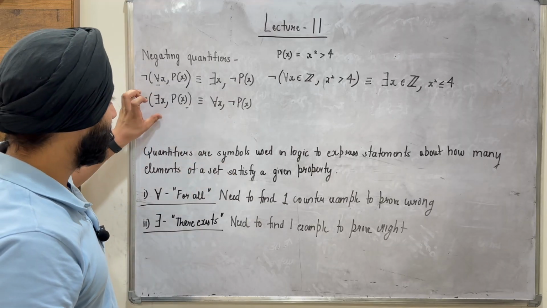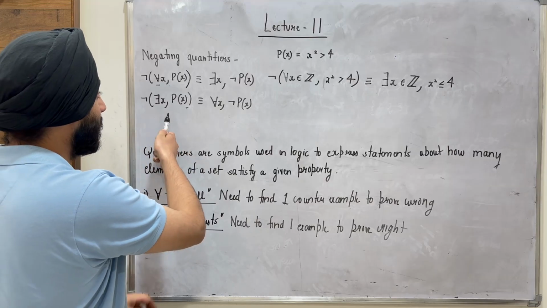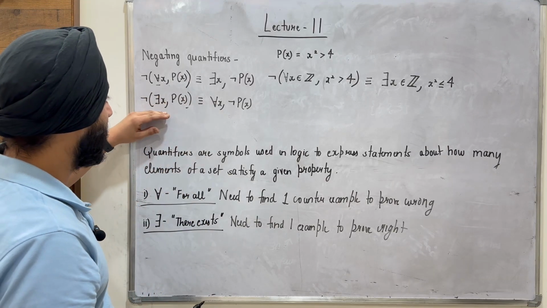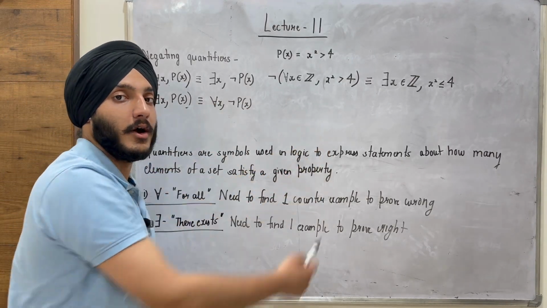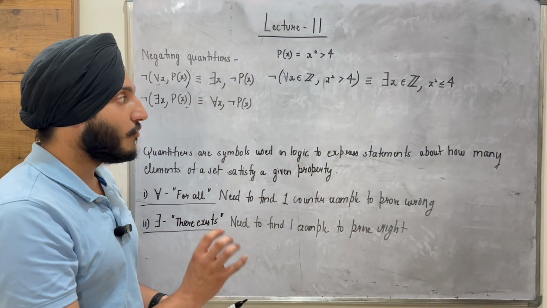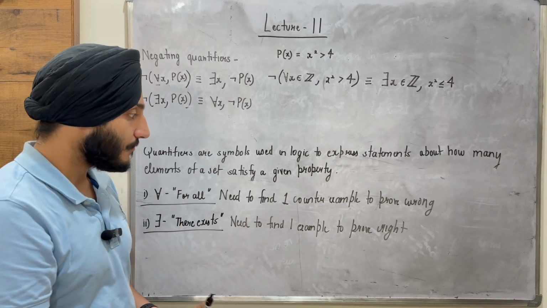Same thing happens in this case as well. If I do the negation of this sentence, there exists x such that p of x, it converts the quantifier there exists into for all, and we do the negation of p of x just like we did in this part. So long story short, when you see the negation, you just need to follow some basic rules, and it should be very easy to solve.